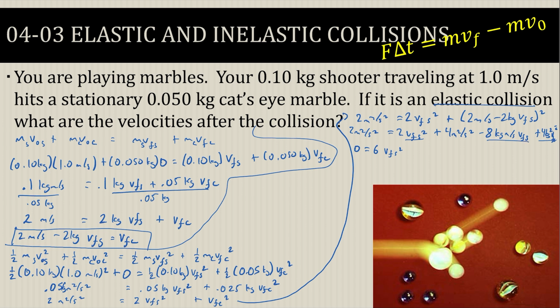For the just VFS, I got minus 8. And then I'll need to move that over. That would be 2 meters squared per second squared, but I'm dropping the units. I could factor out a 2.